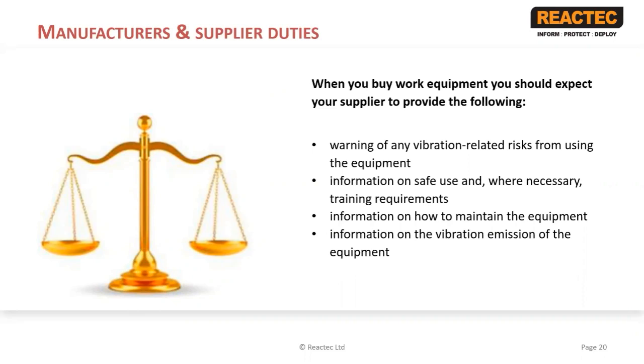They should give you information on the safe use of that equipment, and where necessary, if specific training is required in order to use the tool safely. They should give you information on how to maintain the equipment in order to preserve its vibration performance. And also, they should provide you information on the vibration emissions of that tool or equipment.